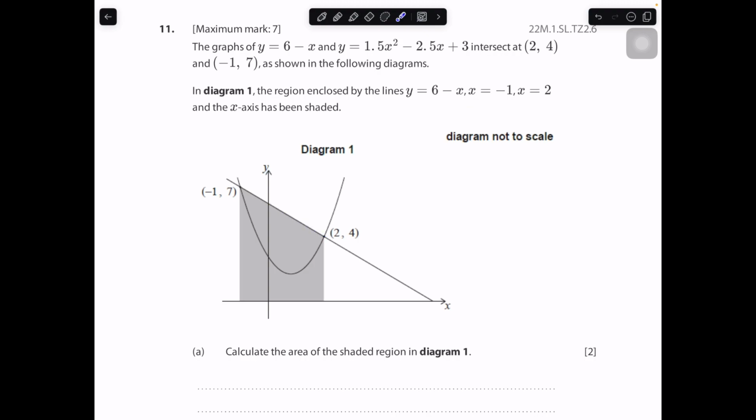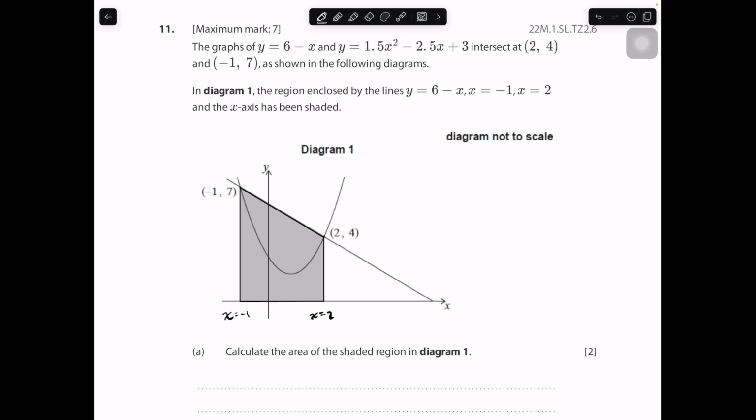X is equal to negative 1 is this vertical line right here. X is equal to 2 is this vertical line here, and the x-axis. And we're shading in this whole section right here, essentially.